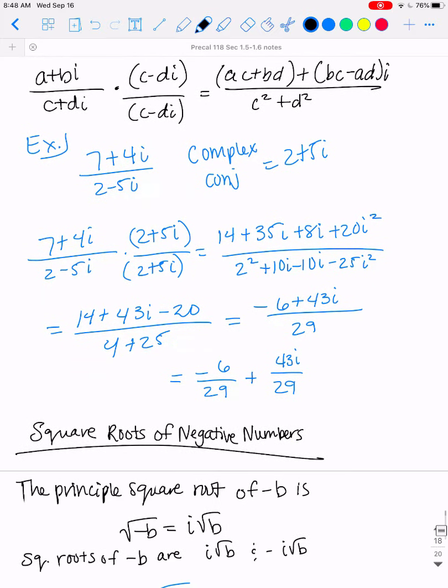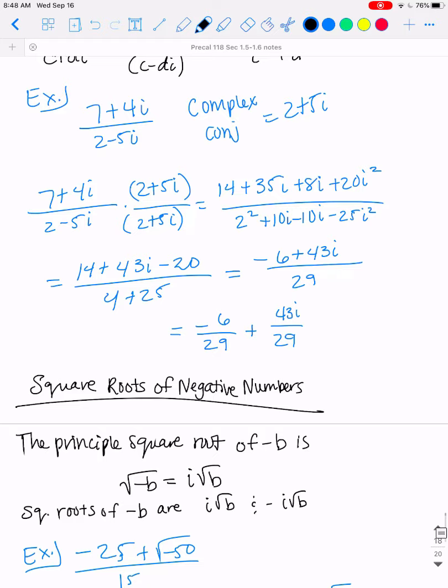So for example, we have 7 plus 4i over 2 minus 5i. Our complex conjugate is 2 plus 5i. When we multiply by the complex conjugate, we get 14 plus 35i plus 8i plus 20i squared, and then over 2 squared plus 10i minus 10i minus 25i squared. So we can simplify those i squareds.